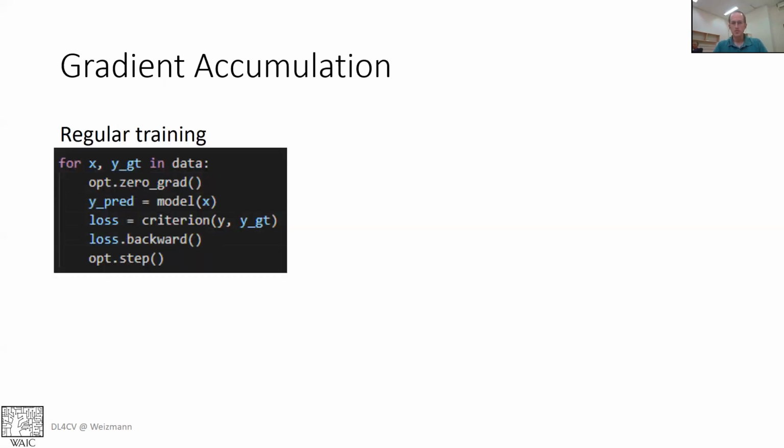Here's how we usually train our model. We update the weights in this optimization step after we estimated the loss function for a single batch. So after every forward and backward pass, we optimize and we change the weights. Have you ever wondered why we put this zero grad here?